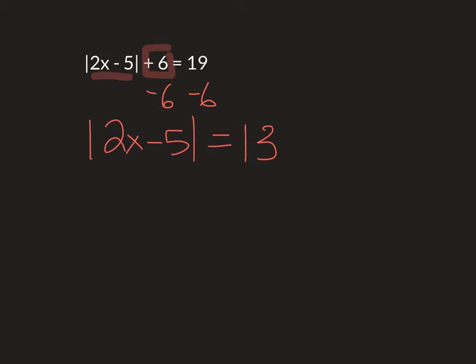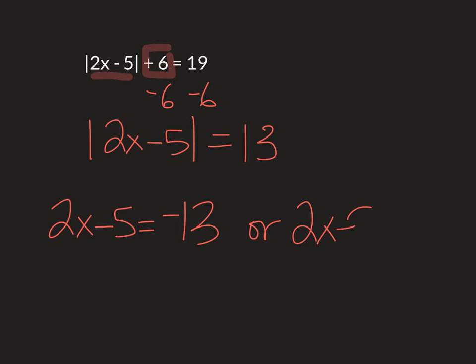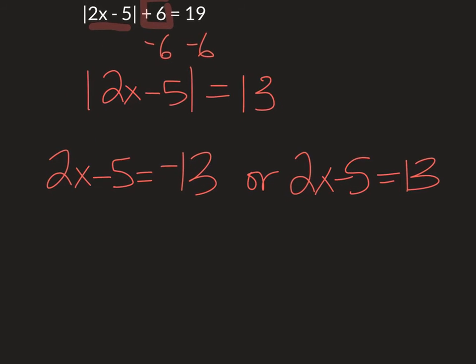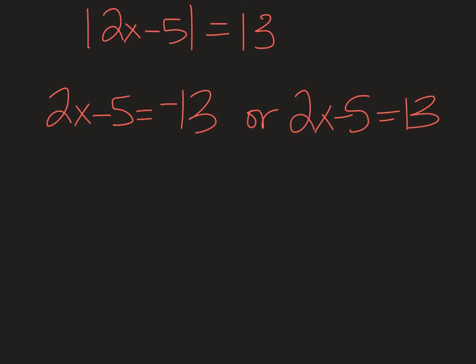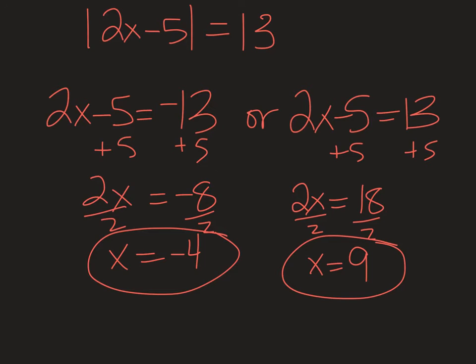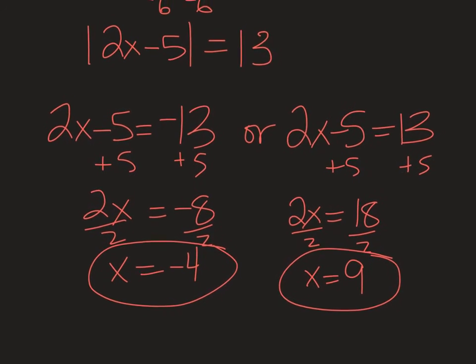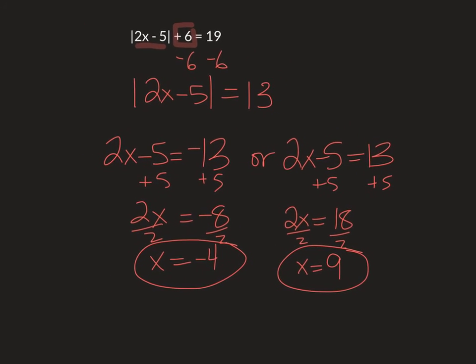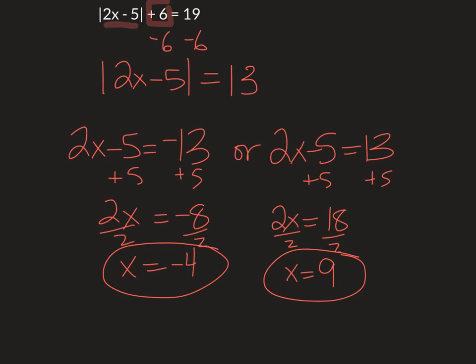Now we have the absolute value equal to 13, so we can take the expression in the middle: 2x minus 5 equals negative 13, or 2x minus 5 equals positive 13. Always set it equal to the negative and to the positive. Now let's solve them, and I get x is negative 4 or x is positive 9. So once again, you get your absolute value by itself, and then you split it into two equations.